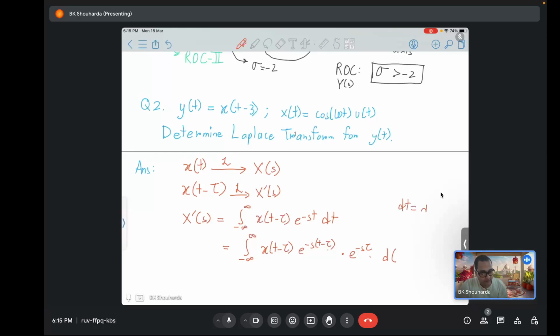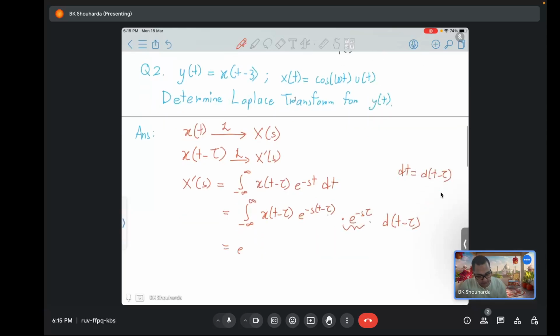This is very simple algebra. The e to the power s tau is essentially a constant because the variable is t, so I can take this out, and I substitute t minus tau as z.